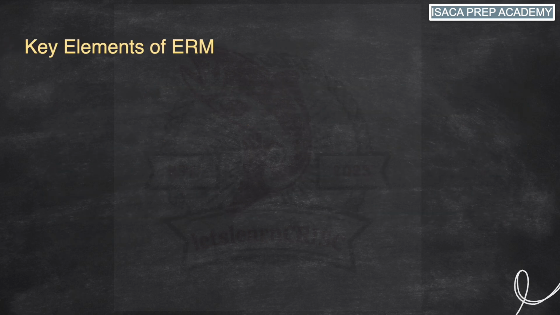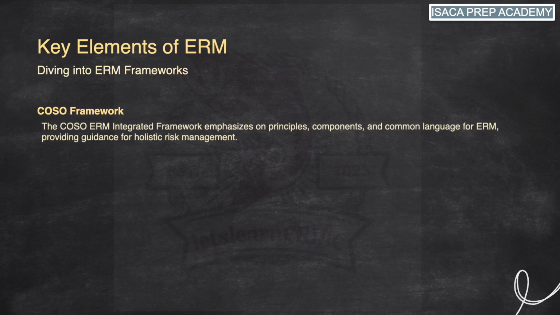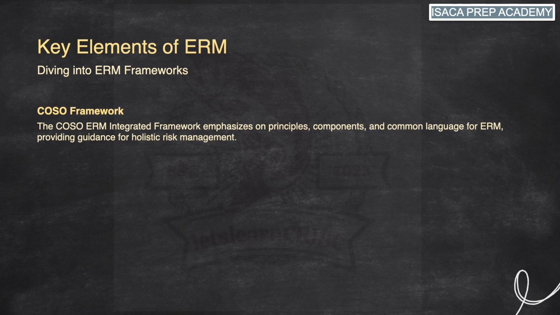Let's understand the key elements of enterprise risk management. First is the COSO framework. Friends, COSO stands for Committee of Sponsoring Organizations of the Treadway Commission. The enterprise risk management integrated framework is like a guidebook for businesses on how to manage risk in a complete way.